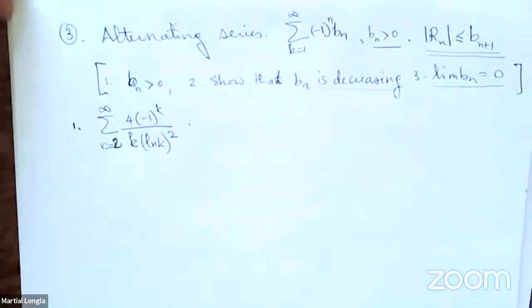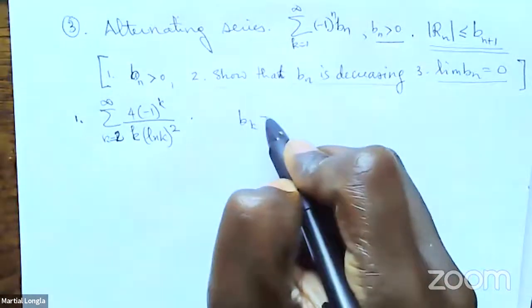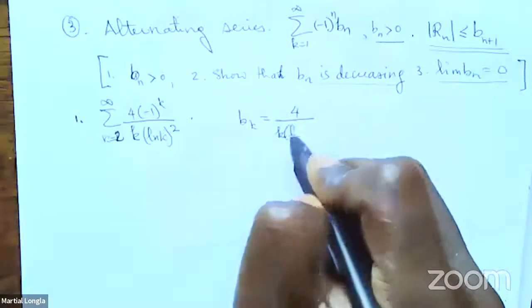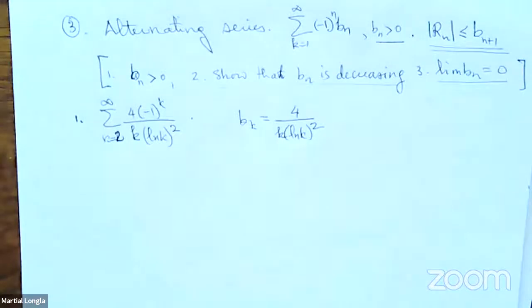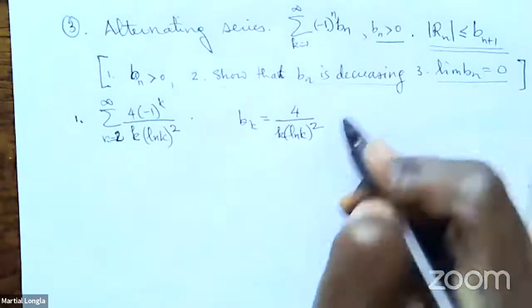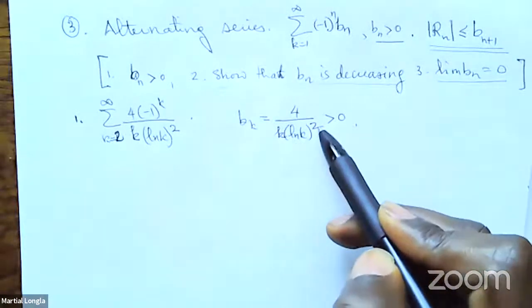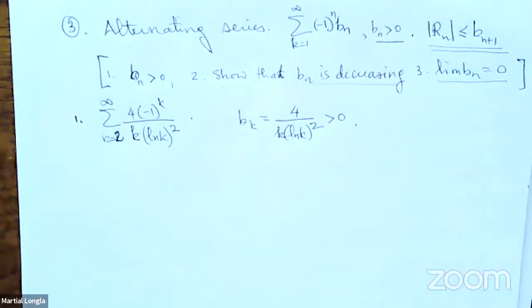And I think we also solved a similar problem in class last time. So in this problem, b_k is 4 over k (natural log of k) squared. We never take the (-1)^k into the b_k. And so this is positive, for obvious reasons. The natural log of k squared is positive, k is positive, 4 over a positive number is a positive number.